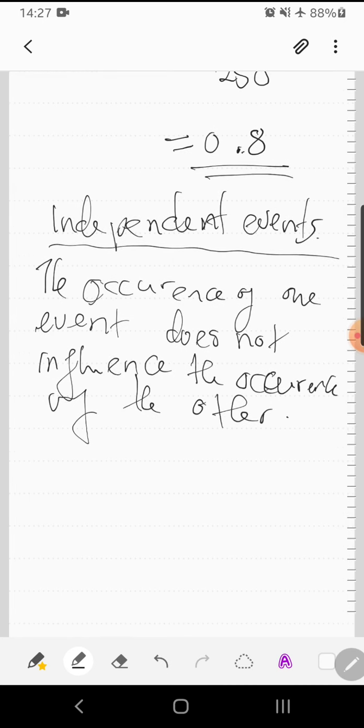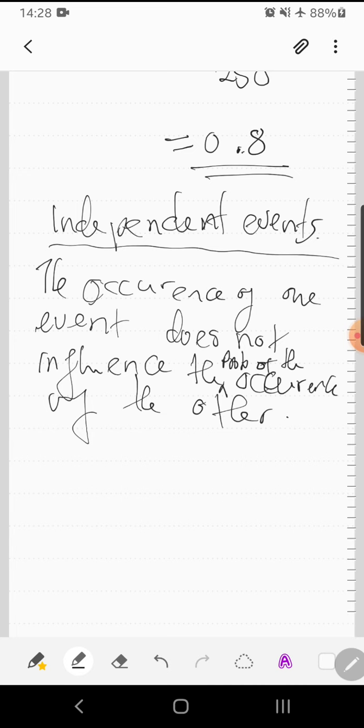But for dependent events, you find that they do influence each other. For dependent events, the occurrence of one affects the probability of the occurrence of another. So the occurrence of one event does not influence the probability of the occurrence of the other.